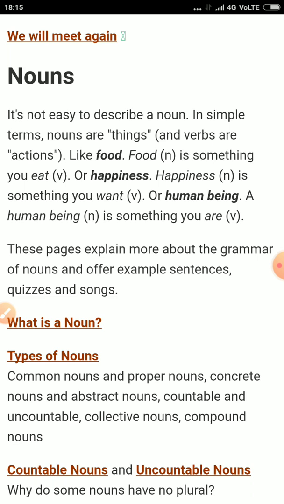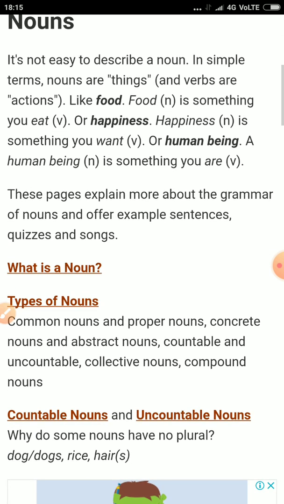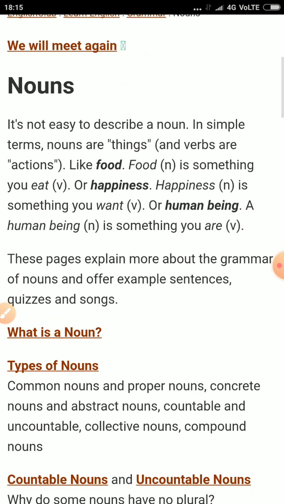But here there is some different and more exhaustive explanation, so you can understand better what a noun is and the kinds of noun. You can write down types of noun as part of this, like what is noun, kinds of noun.